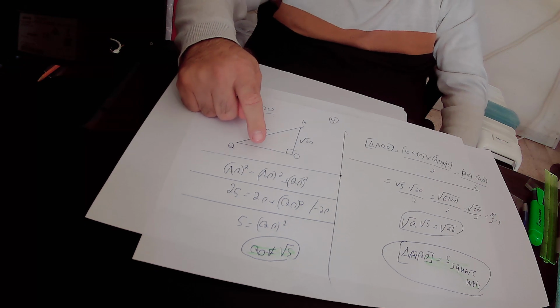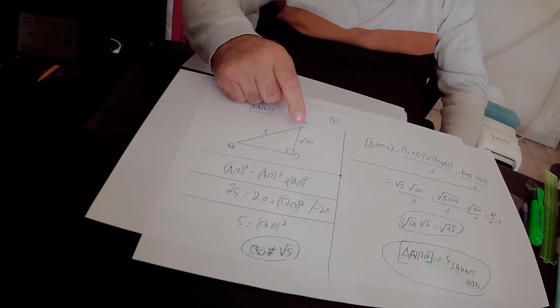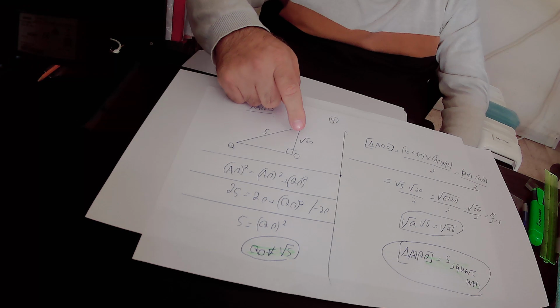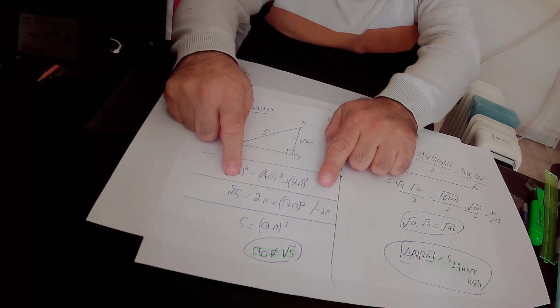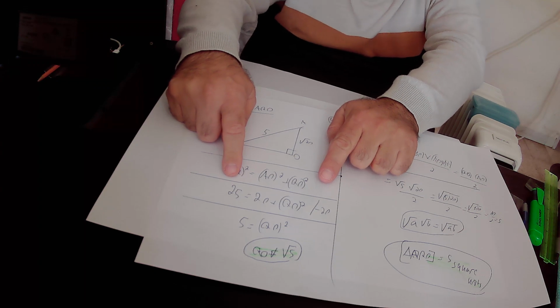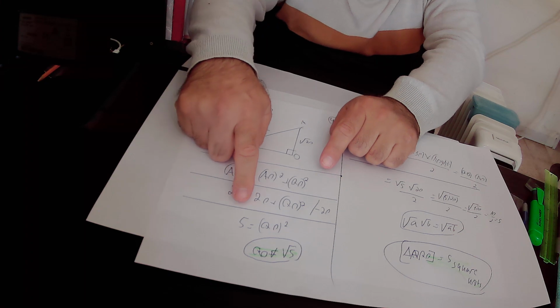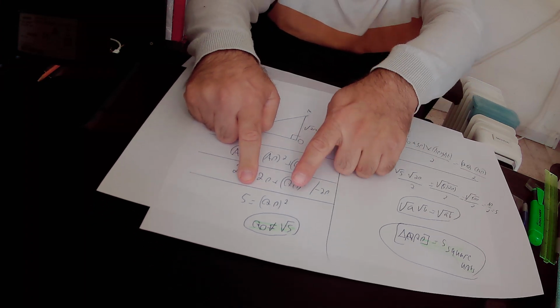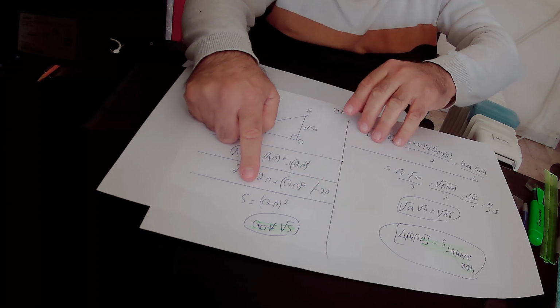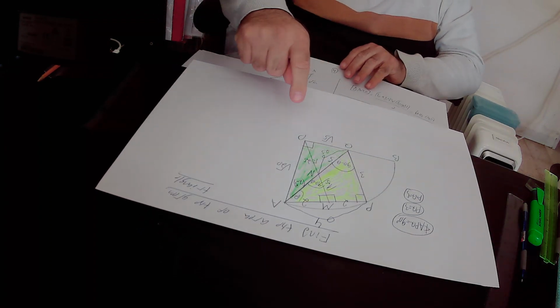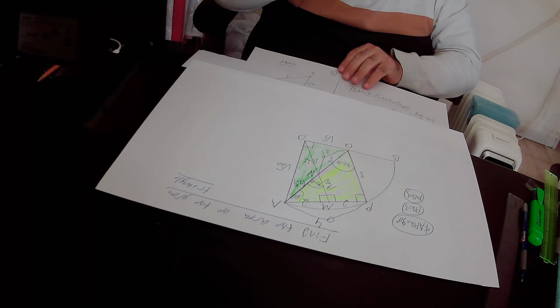That equals AO square, and AO is the square root of 20, therefore AO square is 20, plus QO square. We subtract the 20 from this equation and finally we found out that QO square equals 25 minus 20, that is 5. So QO equals the square root of 5 units.